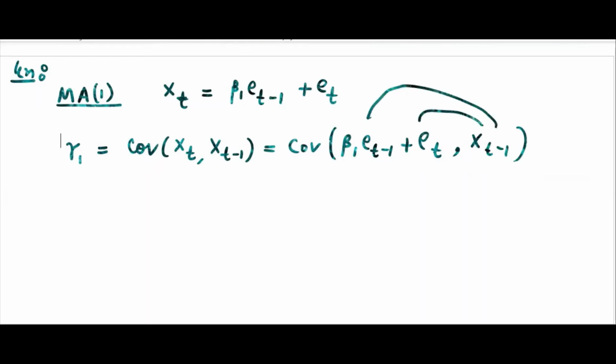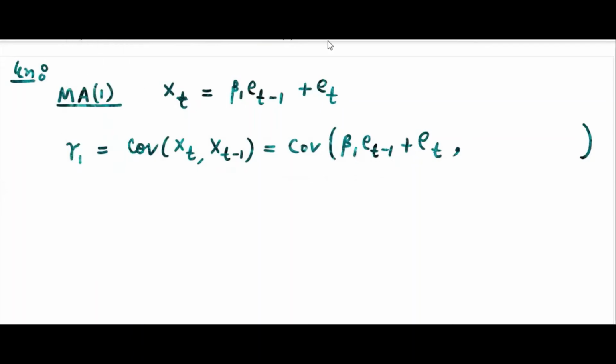But here you will not do it that way. Here you have to put the value of xt minus 1 as well, because you don't have the past process. See, xt is not expressed in terms of its past values, right?